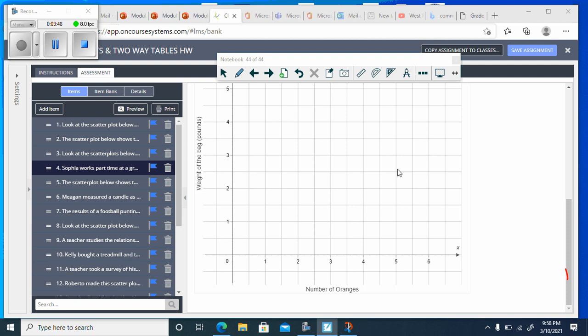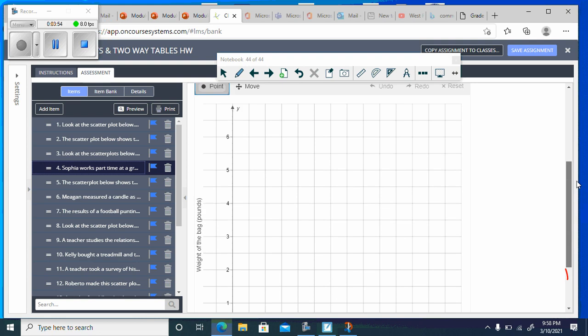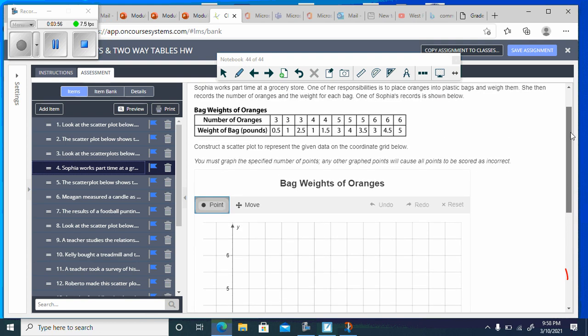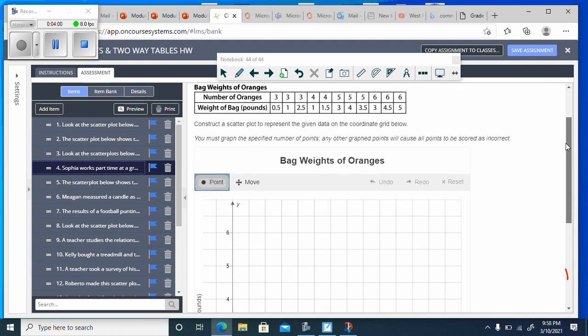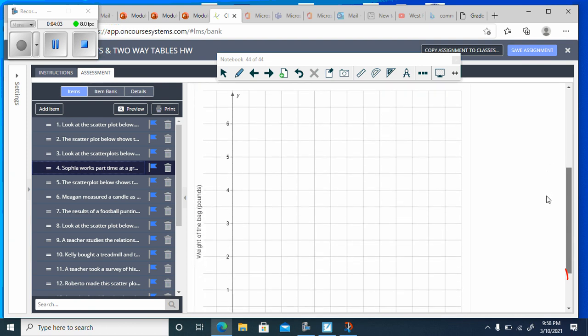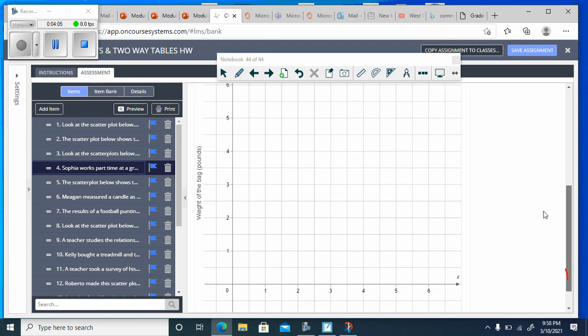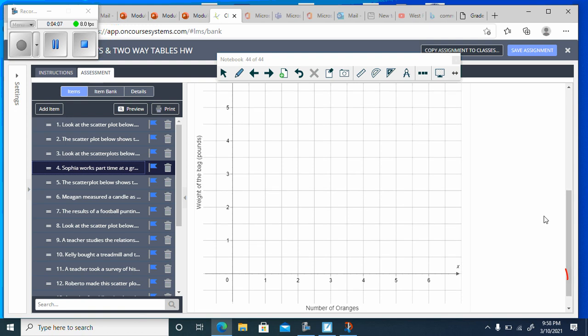Let me try plotting, showing you this. 3 oranges, half a pound, 3 oranges, 1 pound, 3 oranges, 2.5 pounds. So let's do all of that. I'm going to bring it so it sits right on number of oranges there. 3 oranges, half a pound.